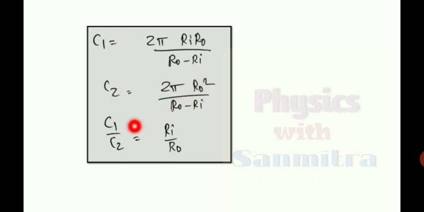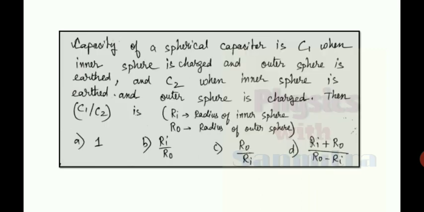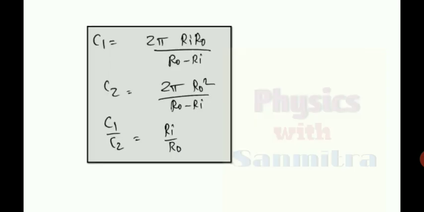If I take the C1 by C2 ratio, it will be R_i by R_o. So option B is correct. You have to know the formula of the spherical capacitor, then you can do it quickly, else you have to derive.